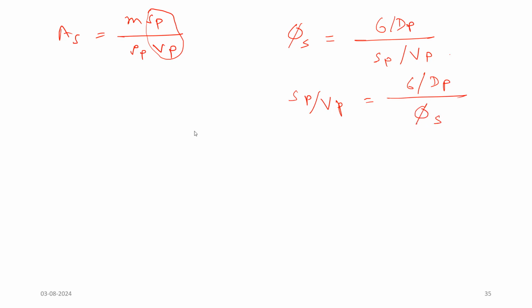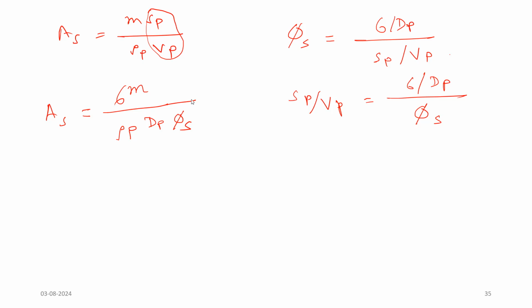If we input this value, the surface area will be 6m by rho p dp phi s. This is the expression of the total surface area of the particles.